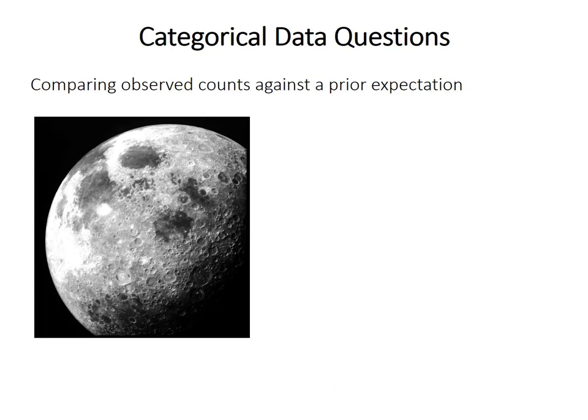So when choosing what kind of categorical test you want to run, the main consideration is the question that you're asking. In one situation, you might have some prior expectations from theory or from some independent information for what the counts might be. So your goal then is to see if the counts in your sample agree with that prior expectation.